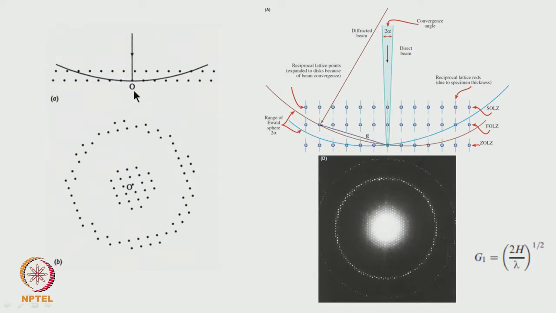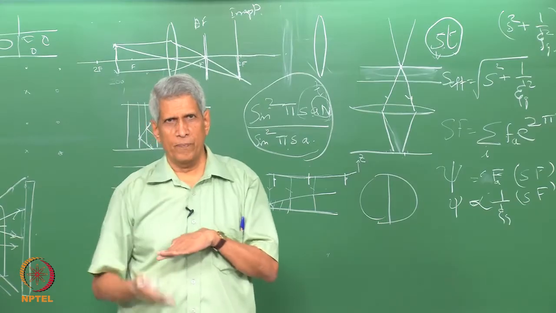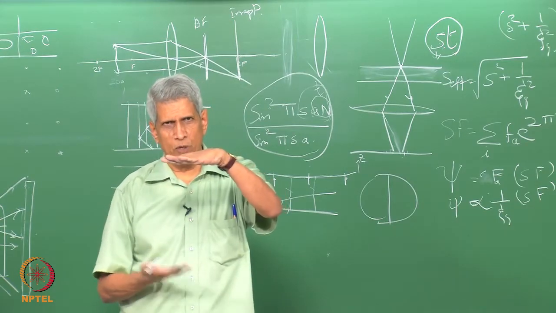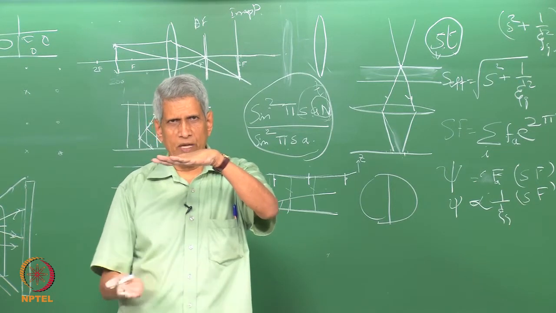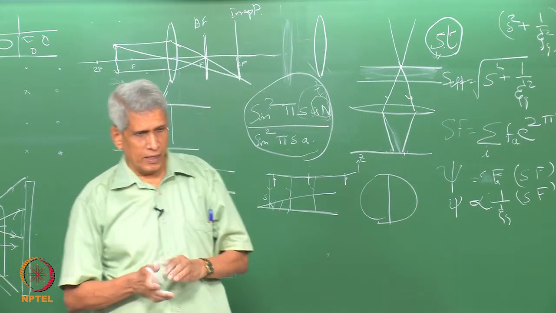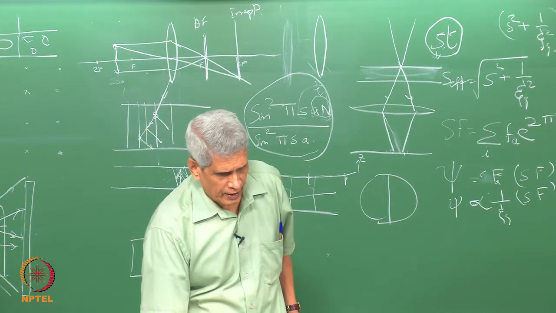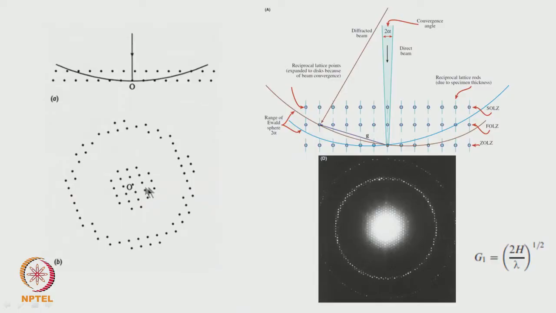Suppose I make the camera length very small, that is, the distance from the sample to the screen very small, then what is going to happen is that in the same area, instead of only the central spots which are enlarged, now because you can see that some of these spots are also being cut by the Ewald sphere, they will also appear.